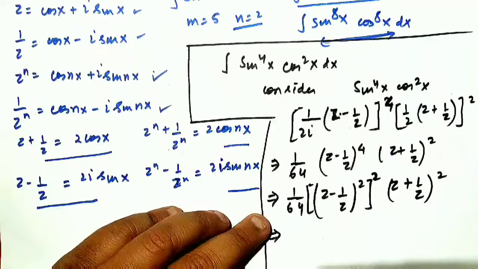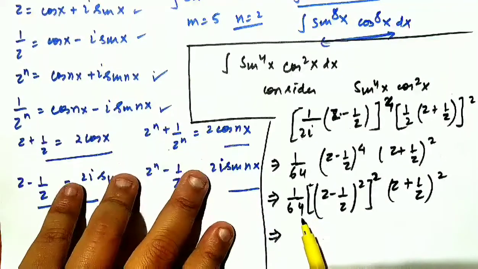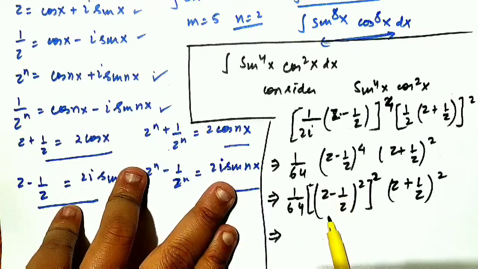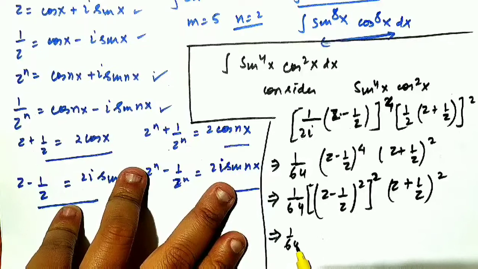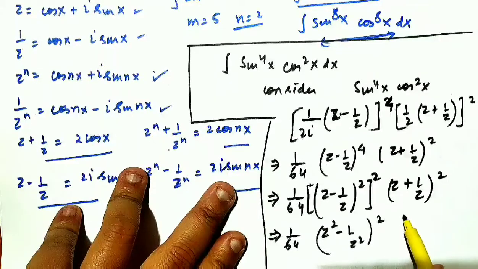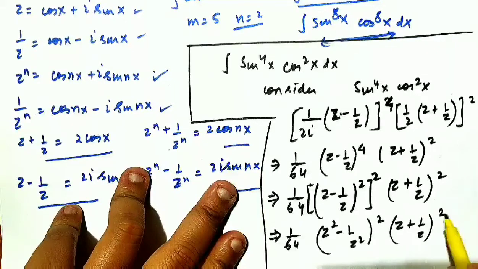So 1 by 64, z to the power n plus 1 by z to the power n. Here it is a minus sign, therefore it can be expressed using the DeMoivre theorem, that it will be z square minus 1 over z square, and it is whole square. And you can expand this also, so later we will expand both together.